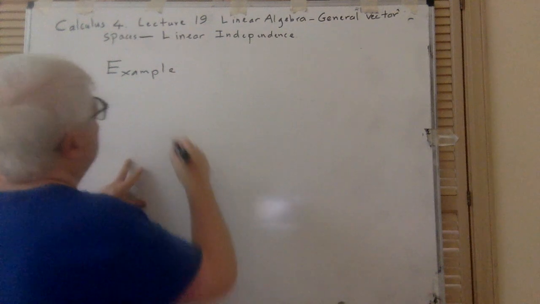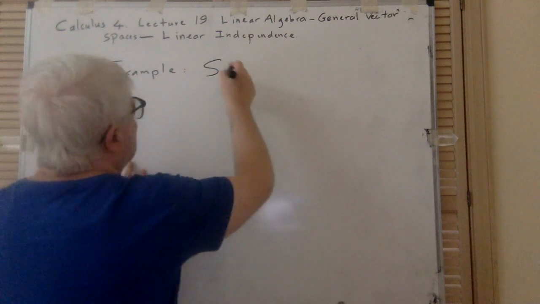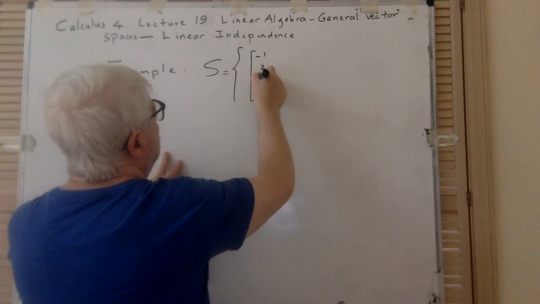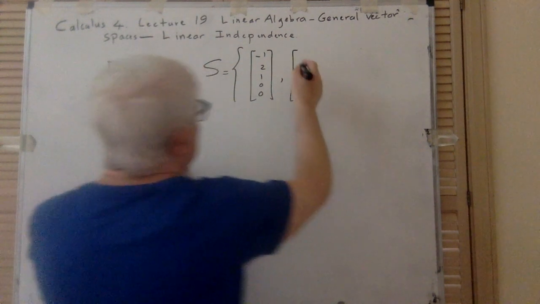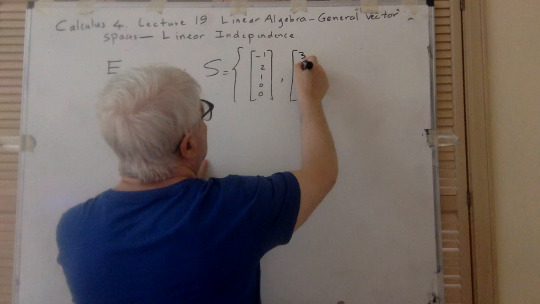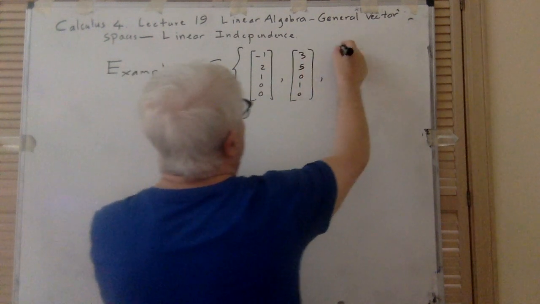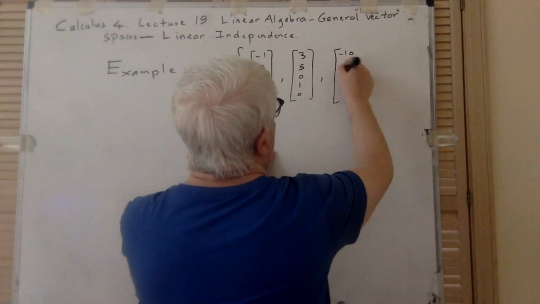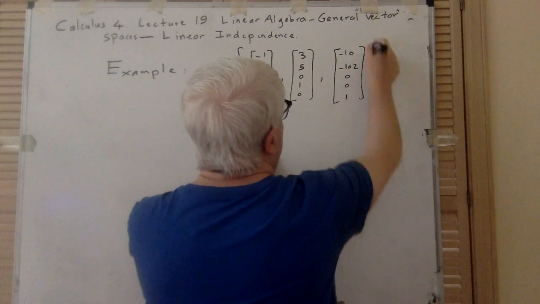So let's say example S: minus 1, 2, 1, 0, 0; then 3, 5, 0, 1, 0; and the third one, minus 10, minus 102, 0, 0, 1.